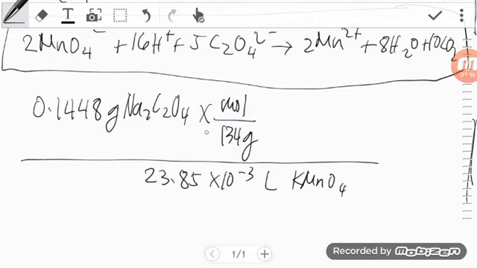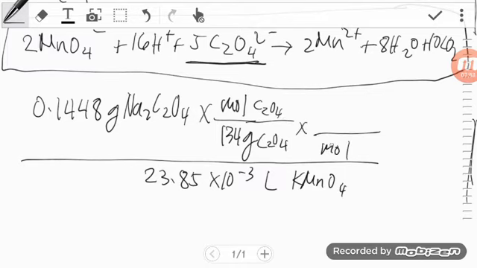So we will get the moles of oxalate, which would be this one. So multiplying mole, 5 moles of oxalate equals 2 moles of permanganate ion.